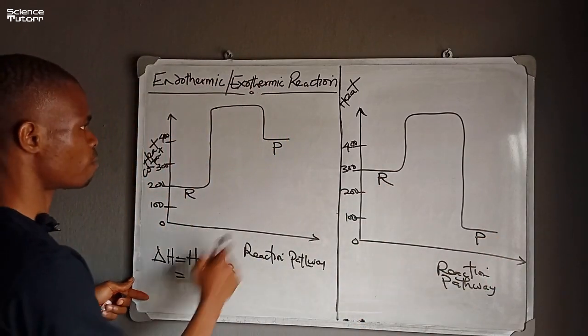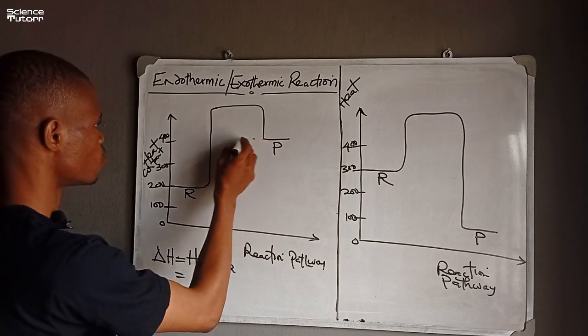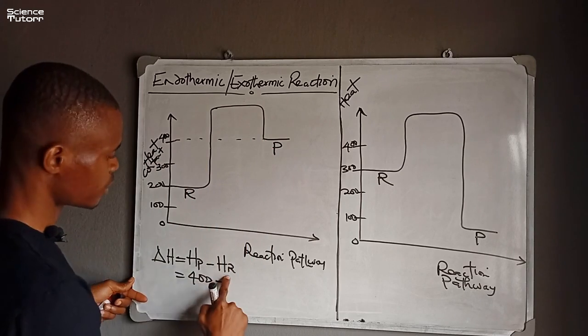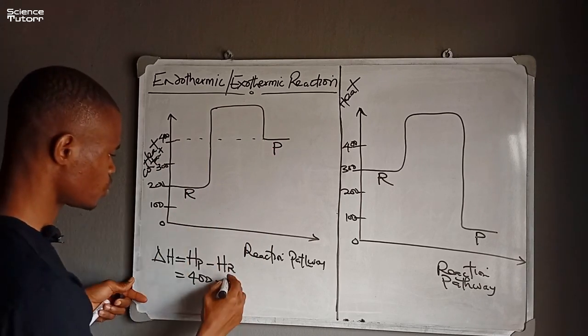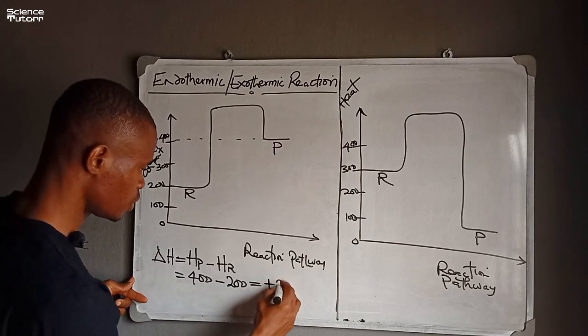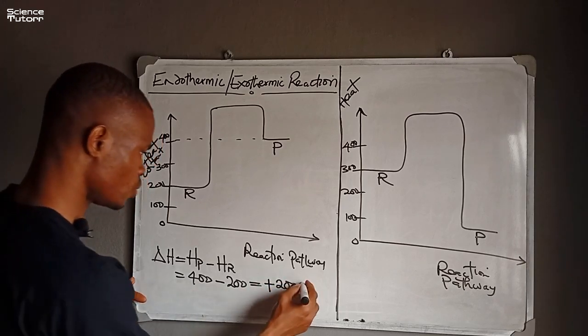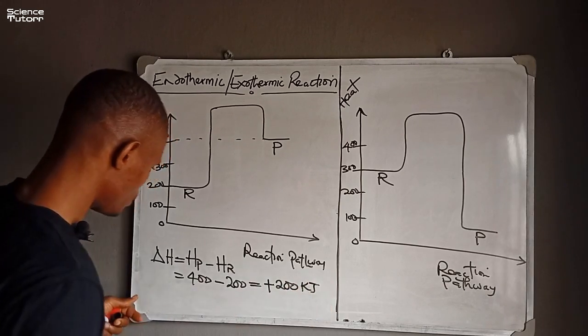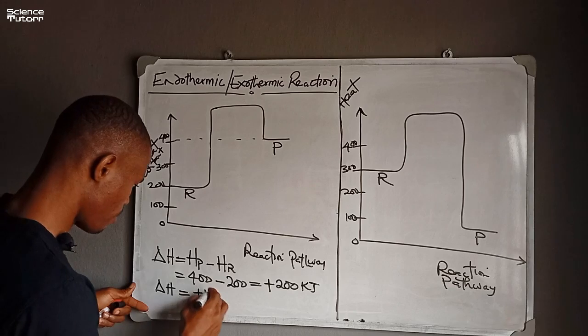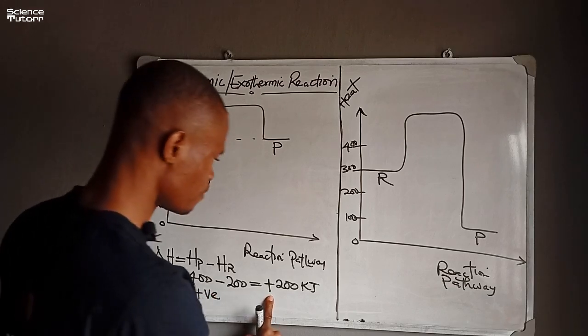Now, the heat content for the product in this case is 400. So 400 minus that of the reactant, which is 200, gives us a positive 200, which is plus 200 kilojoules. That makes delta H positive because we obtained a positive value.